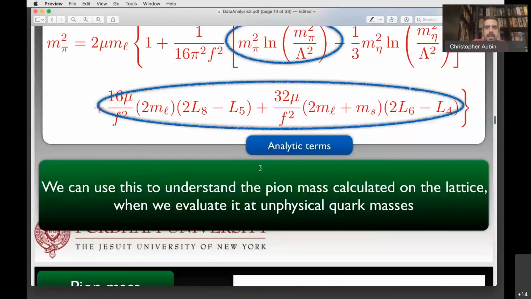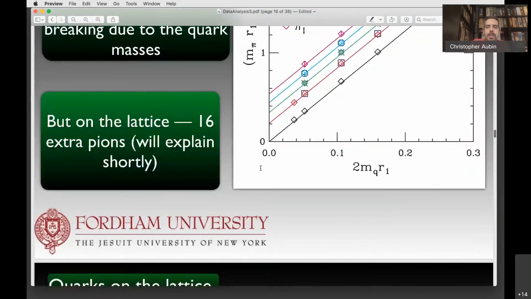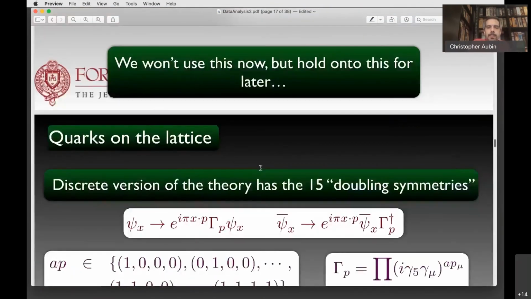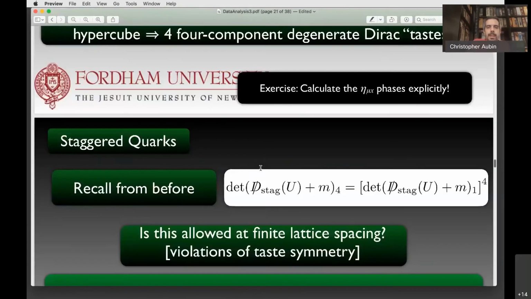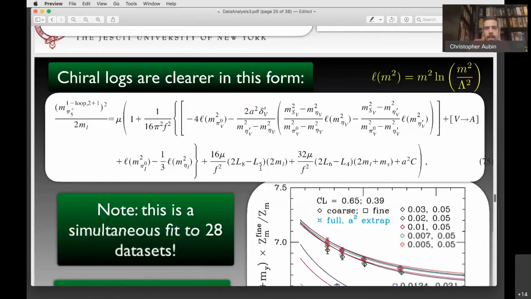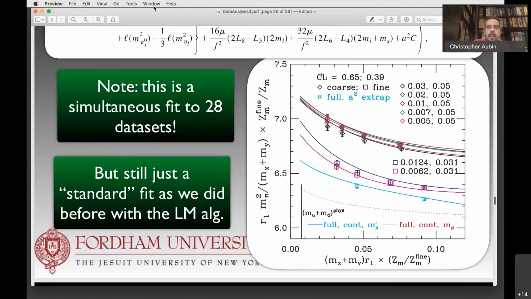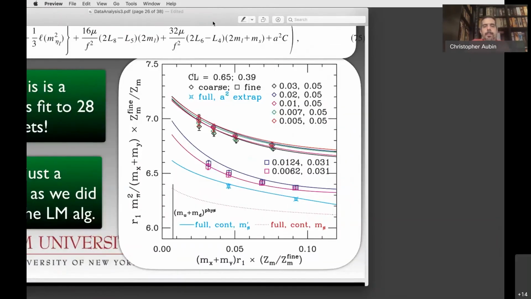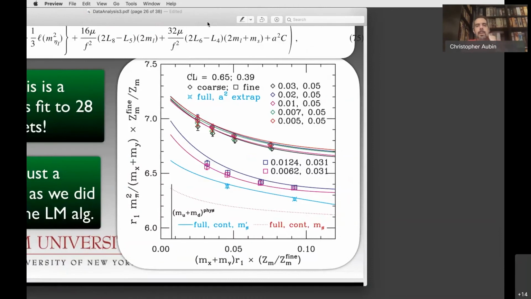But now notice, for example, this data set here, the old data set. Let me get to it again. Gonna take me a sec. There we go. This set here, and just so I can still see the chat window, I'll leave it not full screen. This data set here is only 2 lattice spacings.